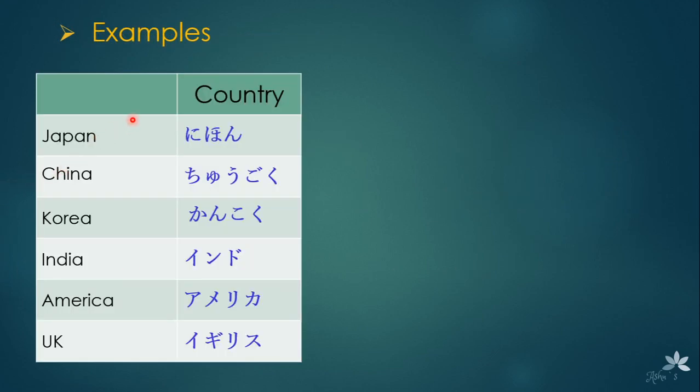Now here, first let's learn how to write the country name. These are the countries for which the country name is written totally differently in Japanese. So I have taken them as examples. Japan, Nihon. China, Chugoku.